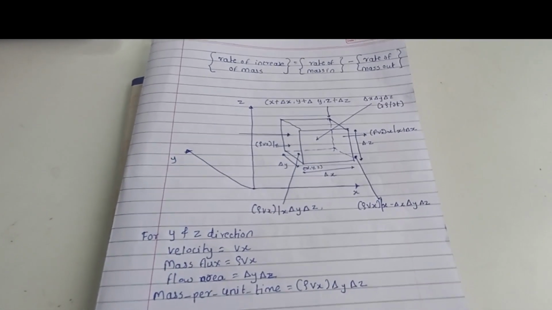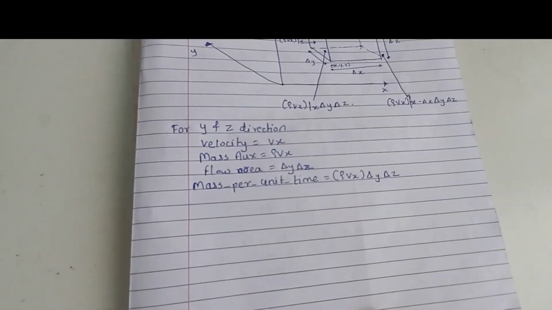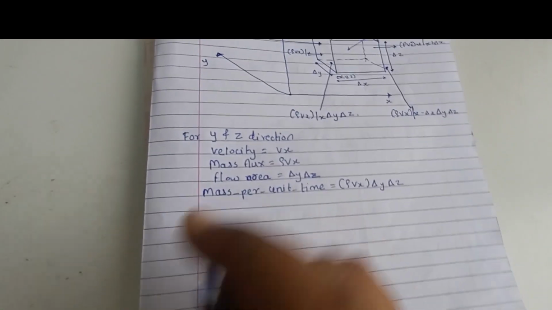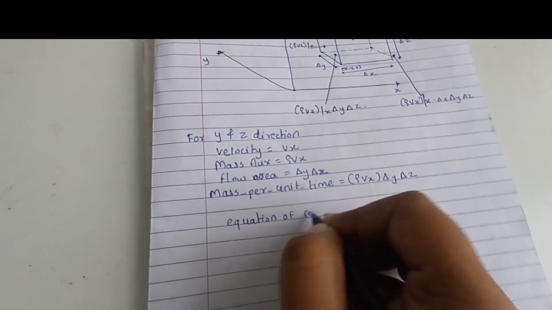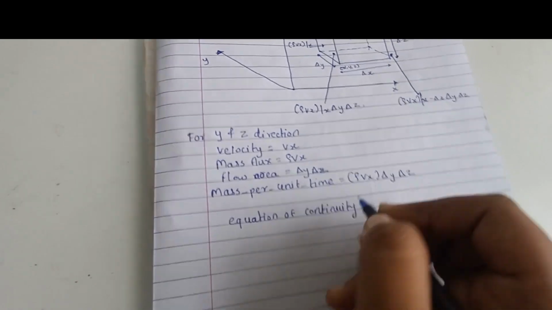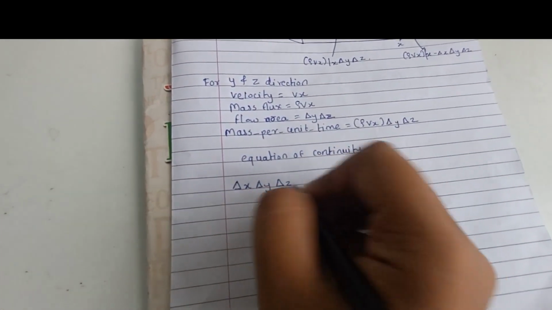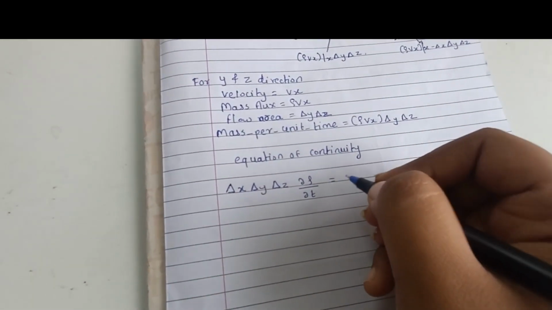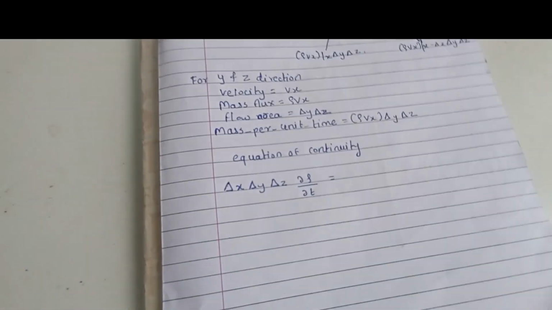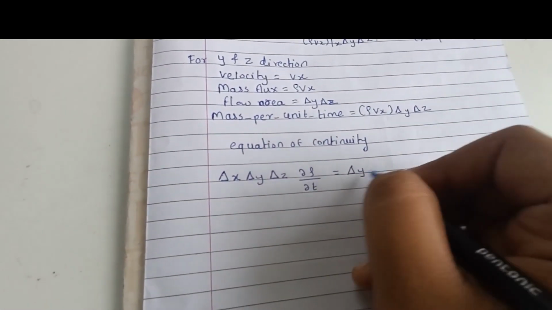If we consider the y and z direction, the fluid is moving in x direction, so the velocity is in x direction. So the mass flux we can write as density into velocity, that is kg per meter square second, times the flow area, that is the cross sectional area in the y and z direction.